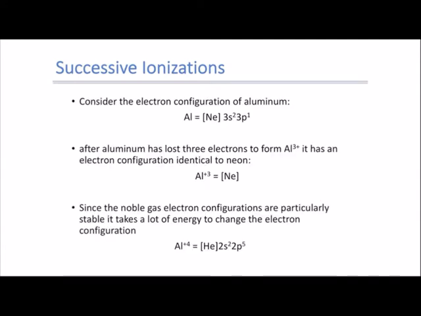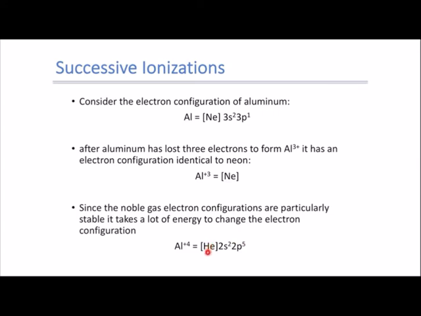And we can look at this in terms of electron configurations. Looking at aluminum, its electron configuration is neon, 3s2, 3p1. After losing its last 3 electrons, it forms that plus 3 charge, its typical charge. Now it has the same configuration as neon. It's isoelectronic with neon. But once I try and make aluminum plus 4, I had to break into that neon and start breaking into core electrons.